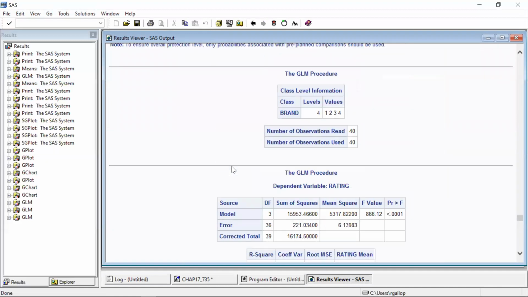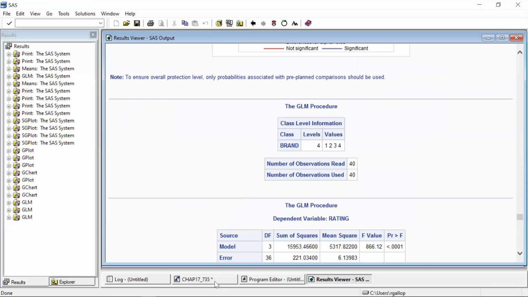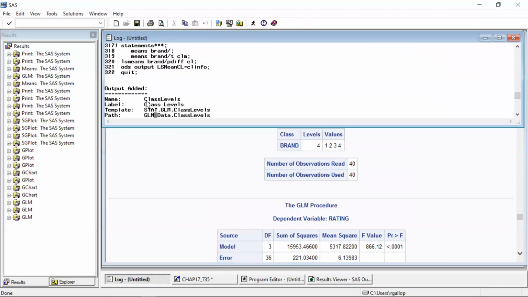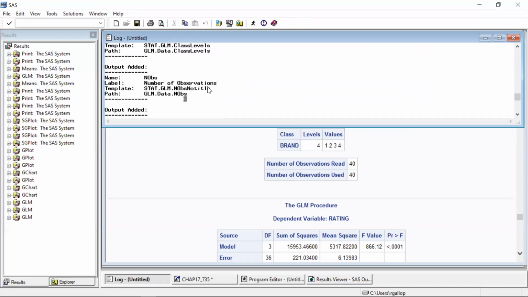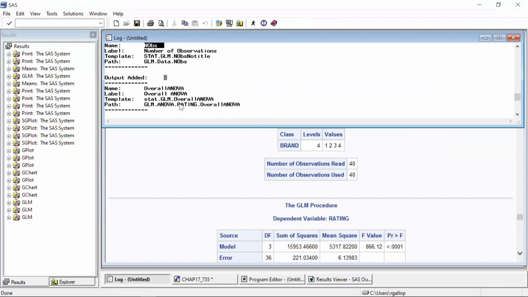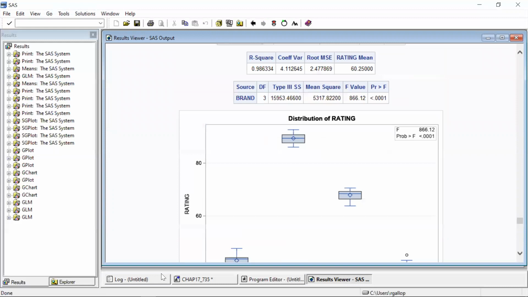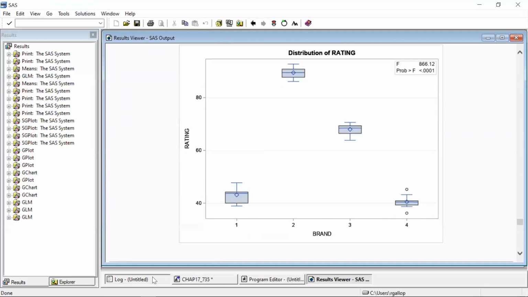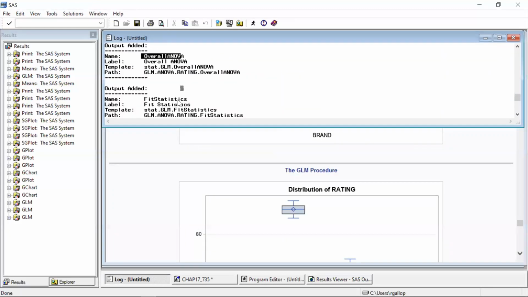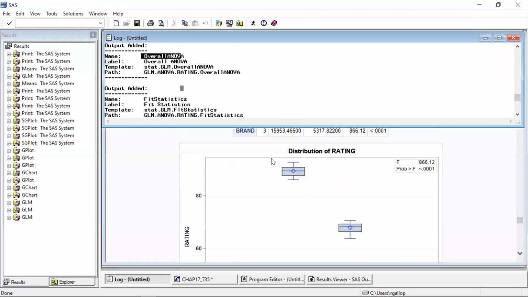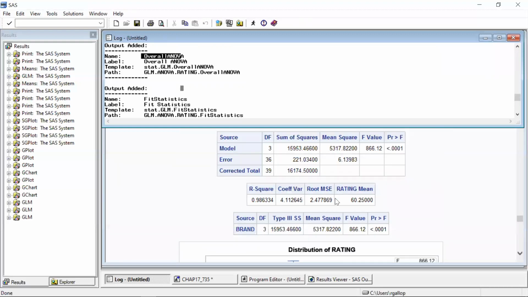from the very beginning, the class level. I could send that to a data set with class level as the name of the data set. The number of observations, this portion of the output. The overall ANOVA, this portion of the output. The fit statistics, that's this portion of the output.